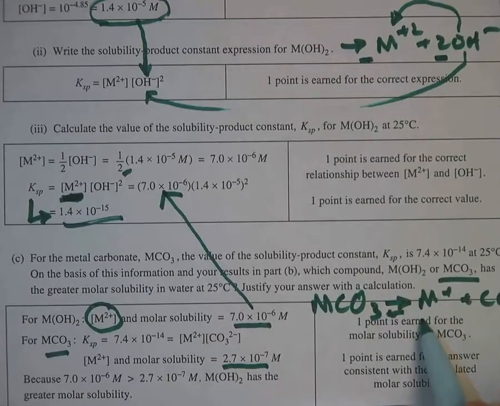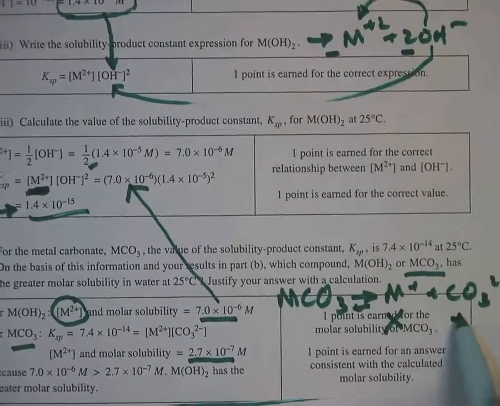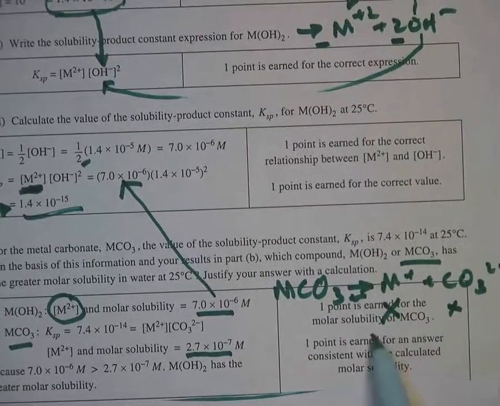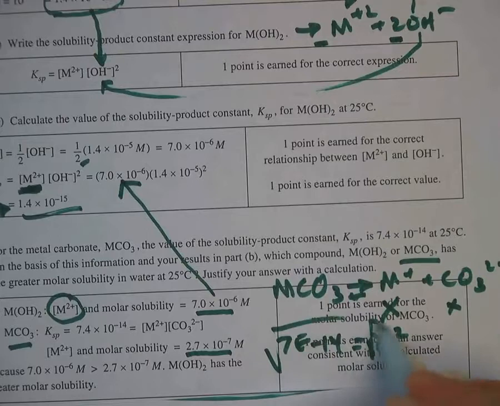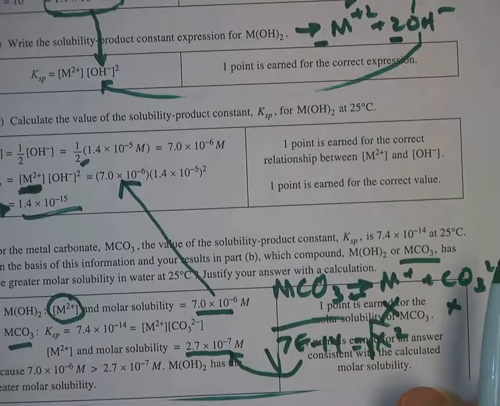And if you wanted to know the molar solubility, this would be X and this would be X because it's a 1-to-1 ratio. So it would be X squared is equal to the Ksp, which is 7.4 times 10 to the negative 14th. Square root that, and that's where you'd end up with the 2 times 10 to the negative 7th.